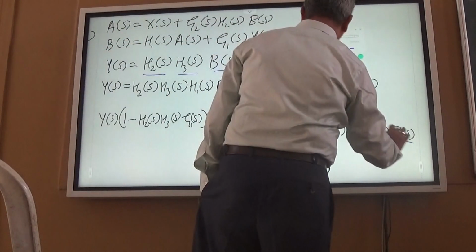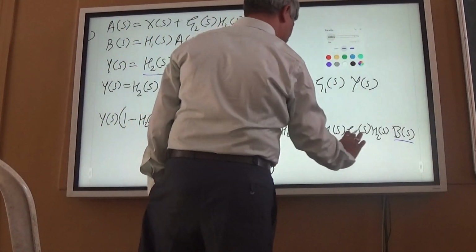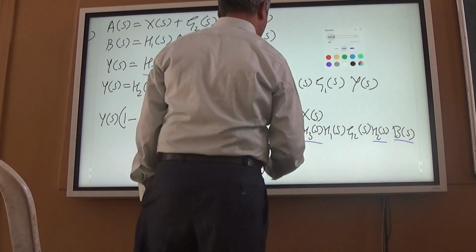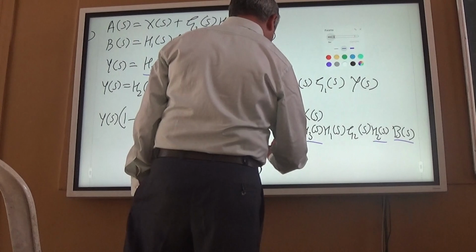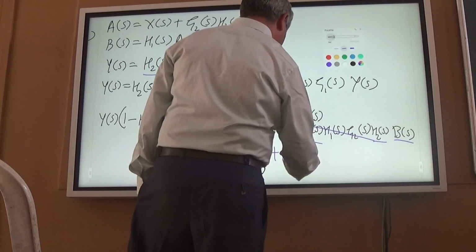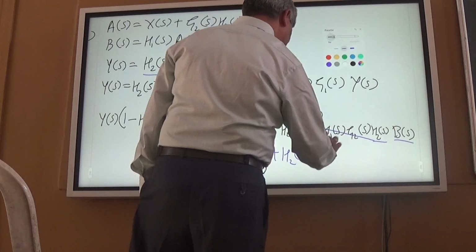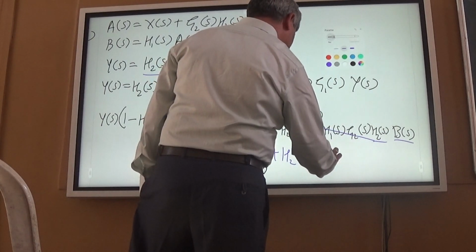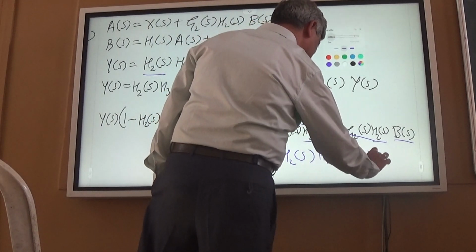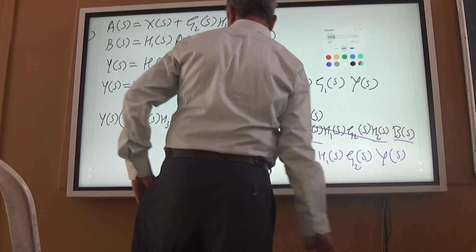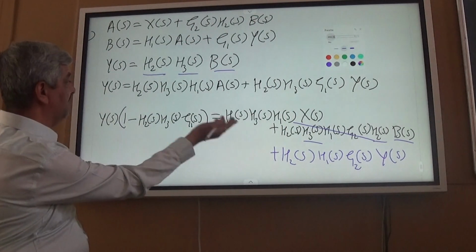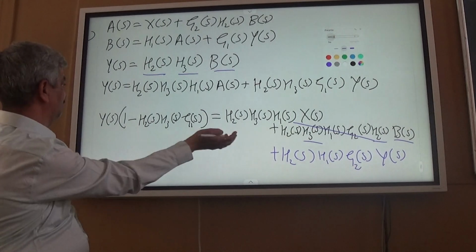So, B(s) is there, H2(s) is already there, and H3 is already there. So instead of this, I can write H2(s) H1(s) G2(s) Y(s). Is it right? So that also comes on the other side.